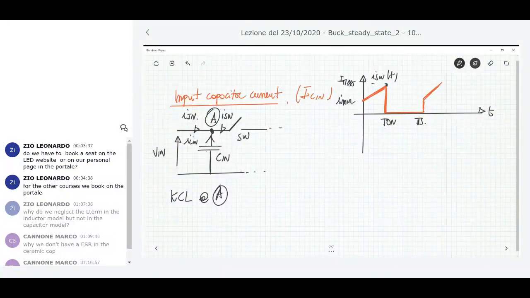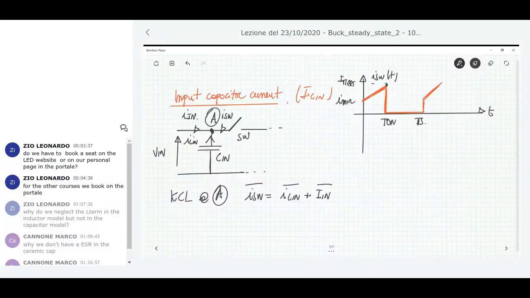For the average quantity, the switch current average value is equal to the input capacitor current average value plus the average value of the input current.